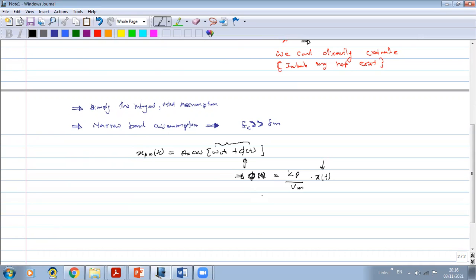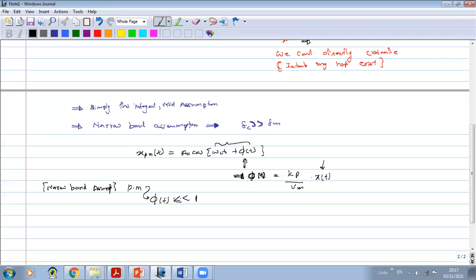But in the narrowband assumption based on phase modulation, we assume this φ(t) is very much less than 1. This is the narrowband assumption in phase modulation.